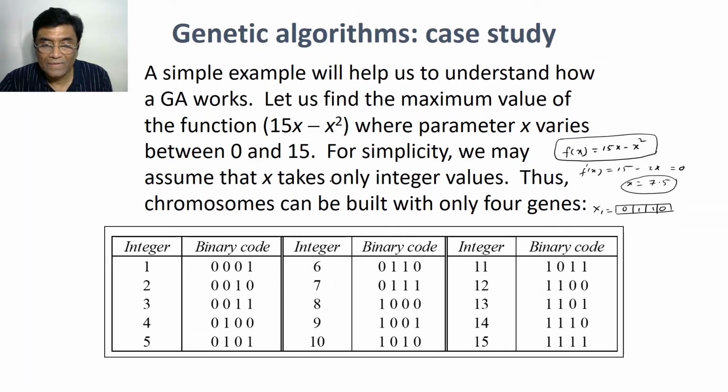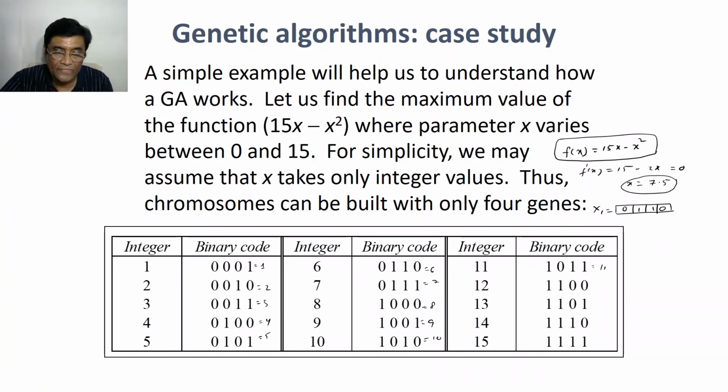Each chromosome has a fitness value, because this is 2 to the power 0, 1. This is equal to 1. This is equal to 2. This is equal to 3, 4, 5. This is 6, 7, 8, 9, 10, this is 11. So you put those values here, and see the fitness.